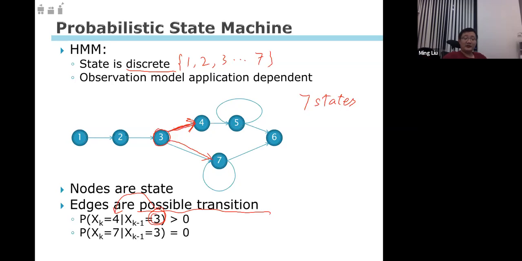But from 3 to 7, we can assign that this probability from state 3 to 7 is 0. That means this one will not work. We can define all these transitions.